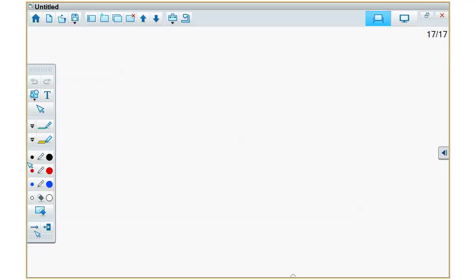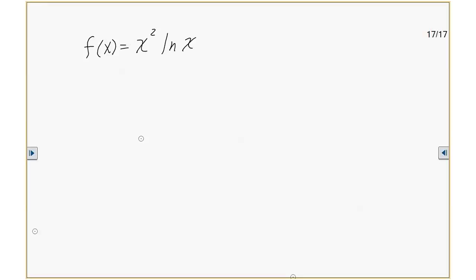I mean, absolutely have no idea how to do it. x squared times natural log of x. A little bit more than the one we did a while ago. No, we did square root.